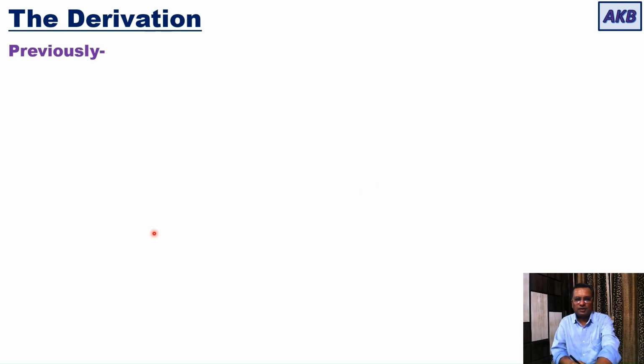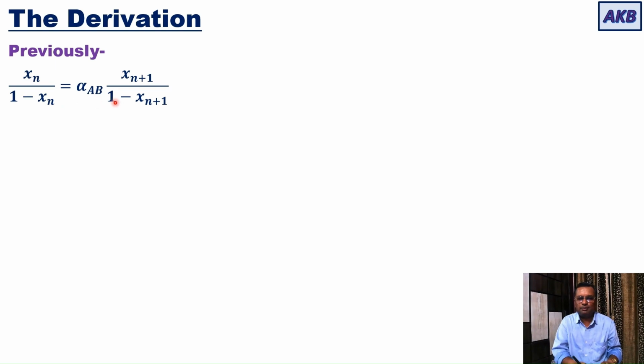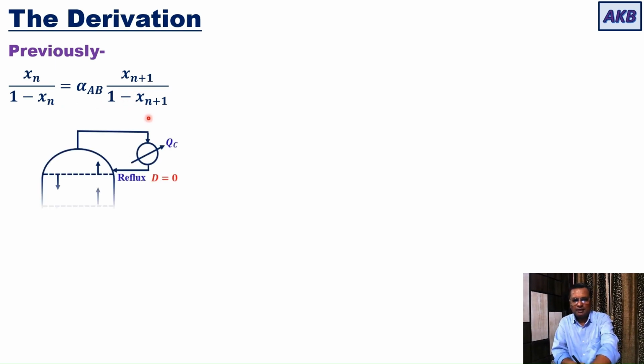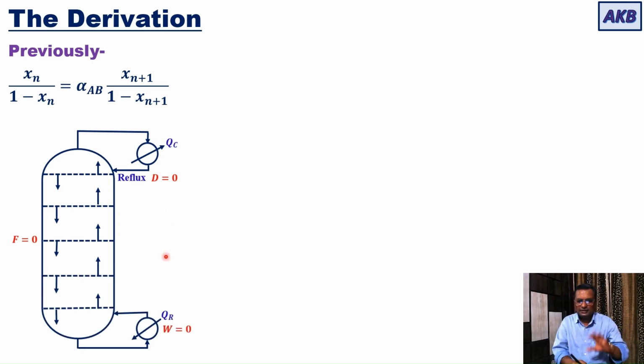Now let us look at the column, because we will need that diagram for our understanding. What is the composition of the reflux? It is XD, because if distillate is to be taken out, it will have composition XD.